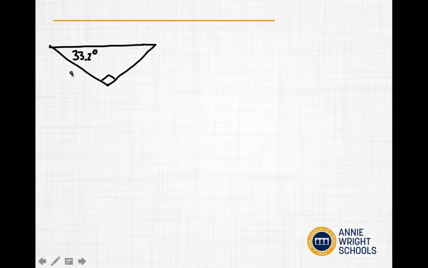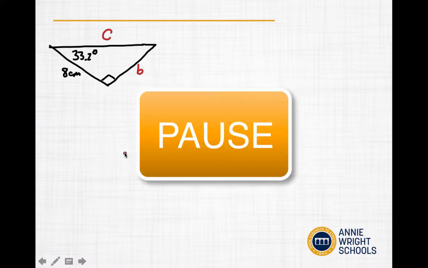And I'm going to tell you that this side right here is 8 centimeters. What I want you to do on your own is solve for this side C, and solve for this side B using right triangle trigonometry. Pause the video now.